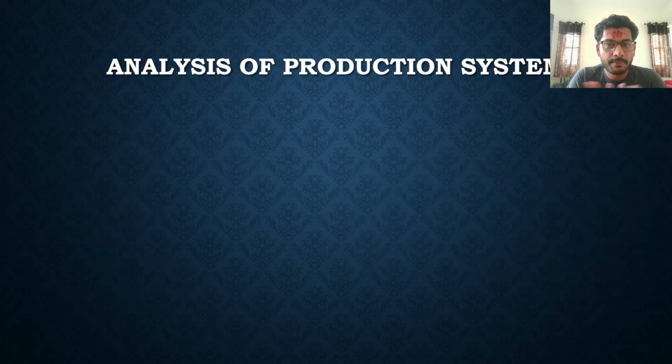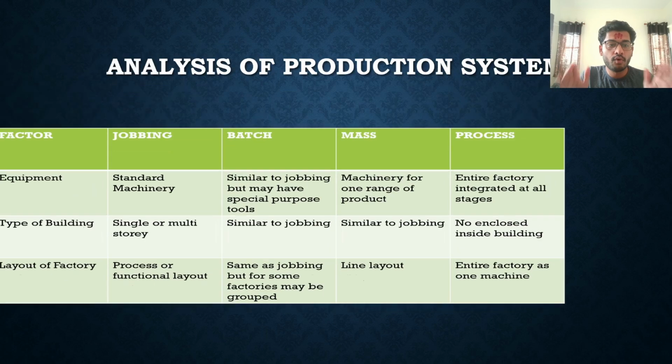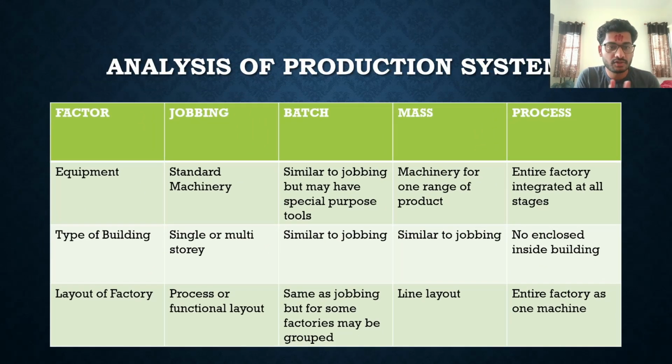Now we saw the production system, how it looks. Now let us analyze different types of production systems. We have mainly four different types on which it gets defined: jobbing, batching, mass, or process. These really determine how things are going to work out.